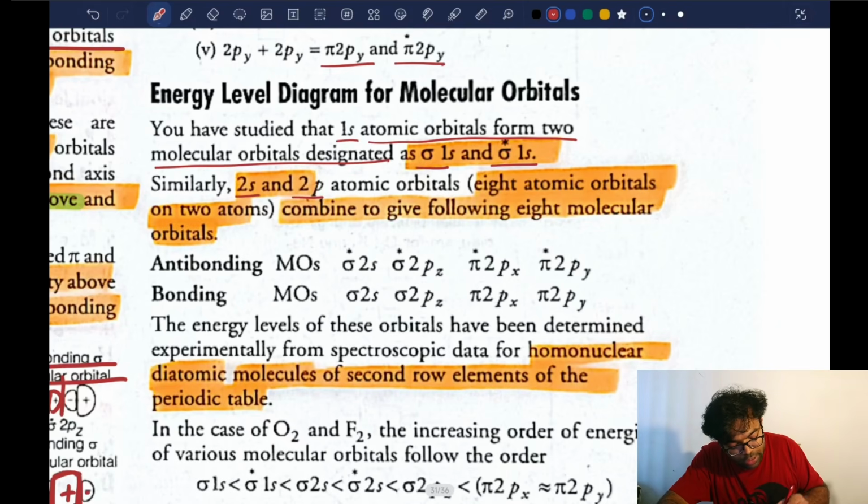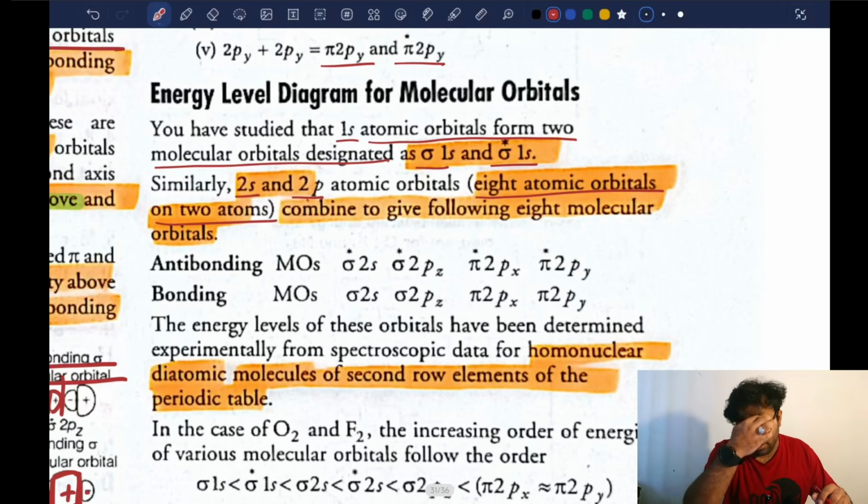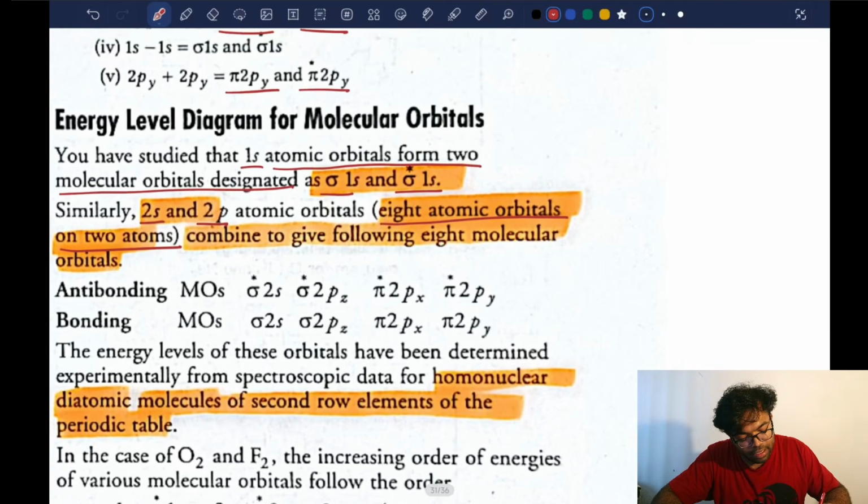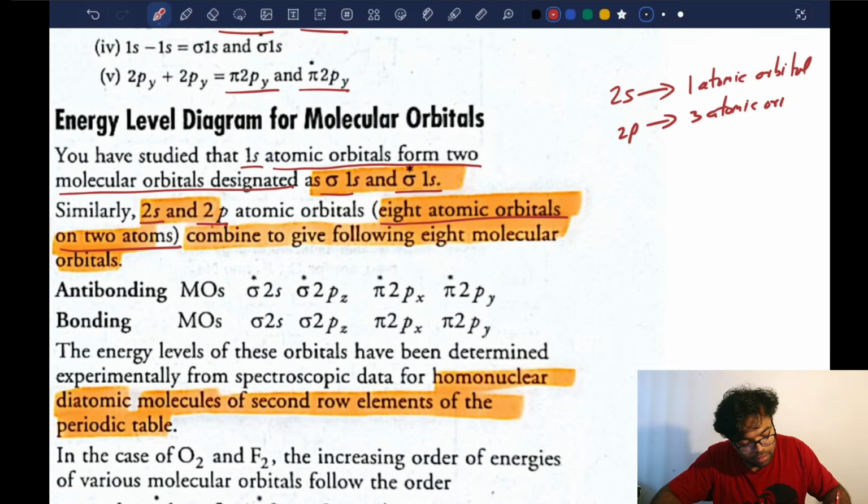Similarly, the 2s and the 2p atomic orbitals give 8 atomic orbitals on two atoms, because the 2s has one atomic orbital and the 2p has three atomic orbitals.